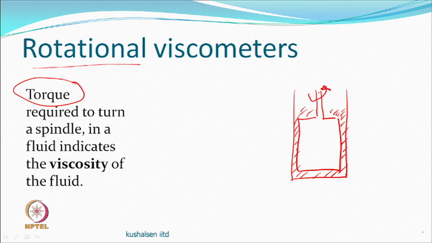The calibration would depend on the diameter of the spindle and the diameter of the vessel in which you have put your viscous solution and want to rotate. The energy required to rotate can be related to the torque, and therefore you will get to the shear rate, then you will also know what is the mass being rotated, what is the area or volume of this particular thing, and that can be related to viscosity.